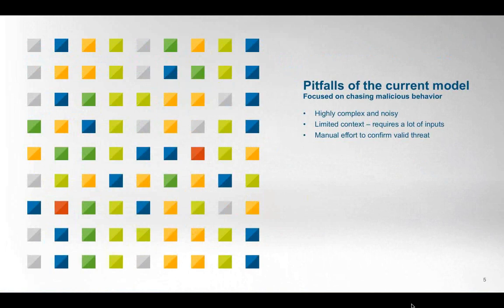The main issue here is that the systems are highly complex and you don't get a better signal-to-noise ratio. You're always chasing the threat. And since there's a high rate of false positives, you cannot remediate in an automated fashion. Once you detect some kind of anomaly, the effort to stop that threat is always going to be manual.